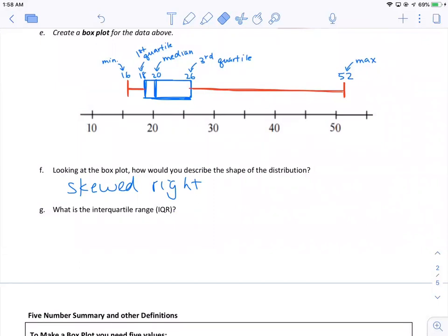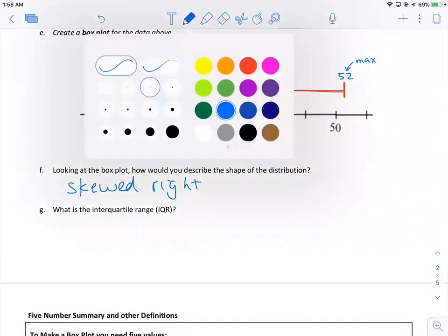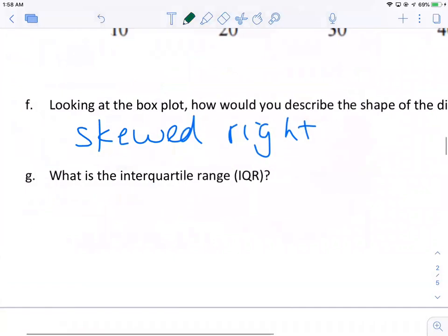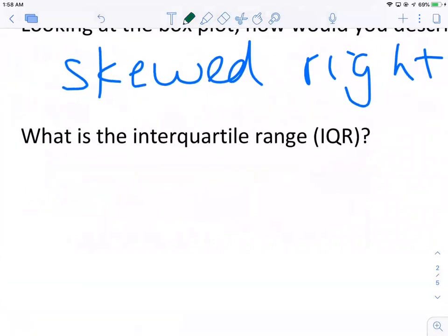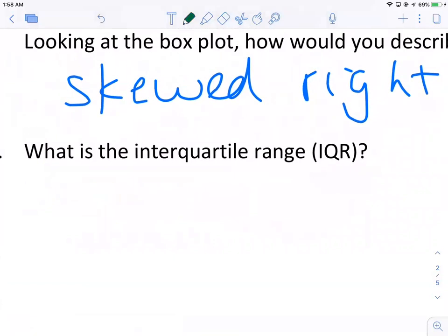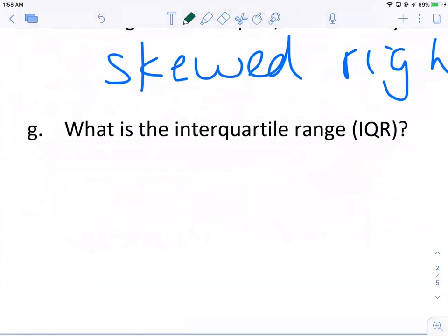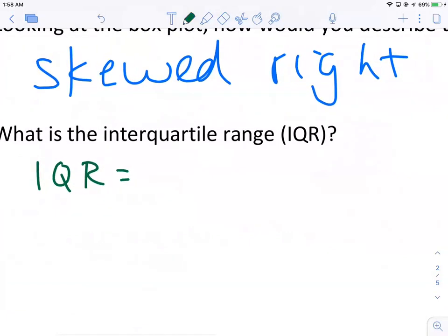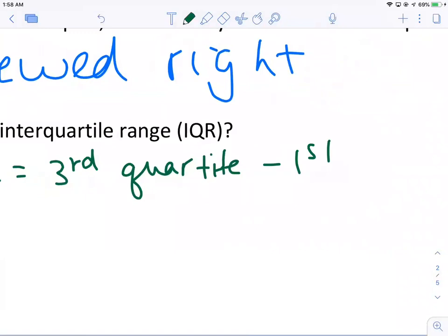One last definition I'm going to throw at you is the interquartile range, abbreviated the IQR. Interquartile just means between quartiles. So the interquartile range equals the third quartile minus the first quartile.